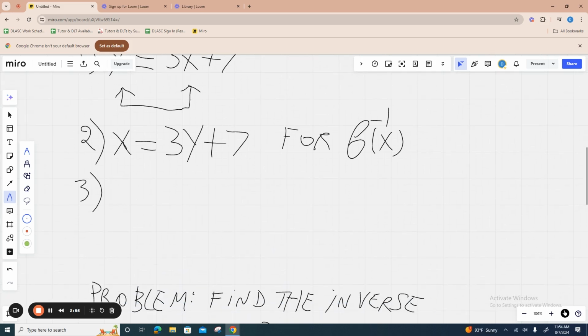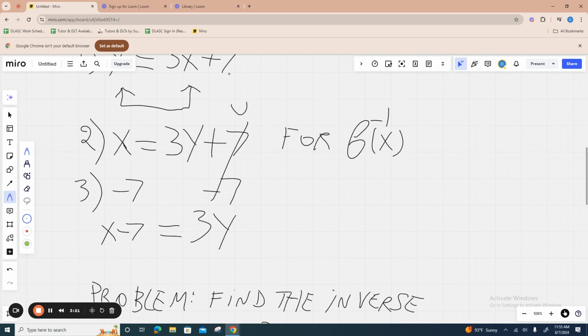And now we're going to work this for y equals. This might seem a little weird at first because you're used to trying to find an x equals, and we have an x equals here, but we want a y equals to get our new function. The first thing that's in the way here is that plus 7. We're trying to get y by itself. So we end up with x minus 7 is equal to 3y.